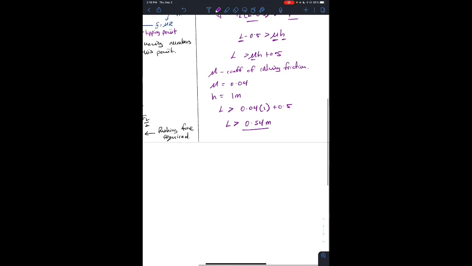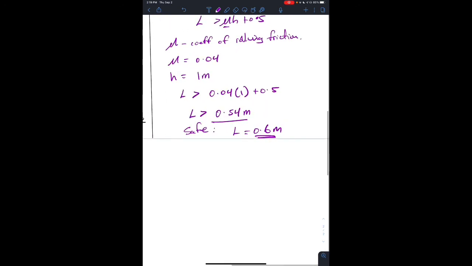To be safe, we go over a little bit. We say let L equal 0.6, so that L is 600 millimeters. In terms of measuring and cutting, it will be simpler to measure 600 millimeters as opposed to, sorry, 540 millimeters.